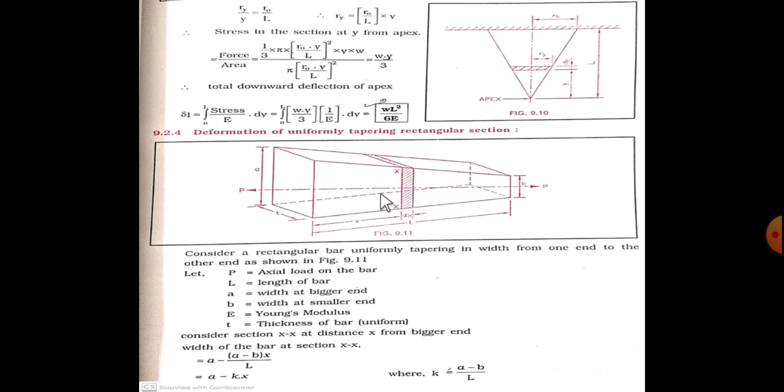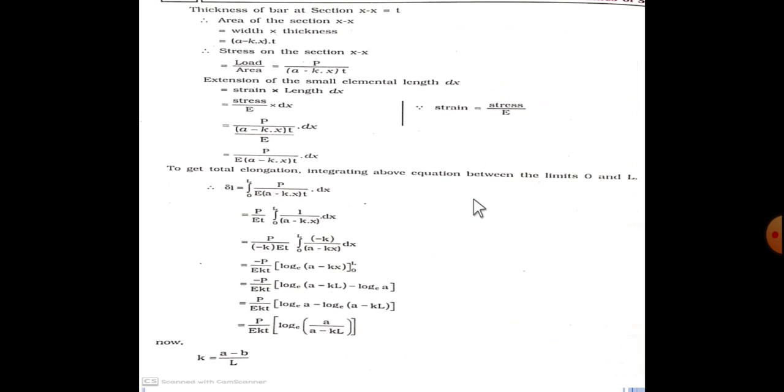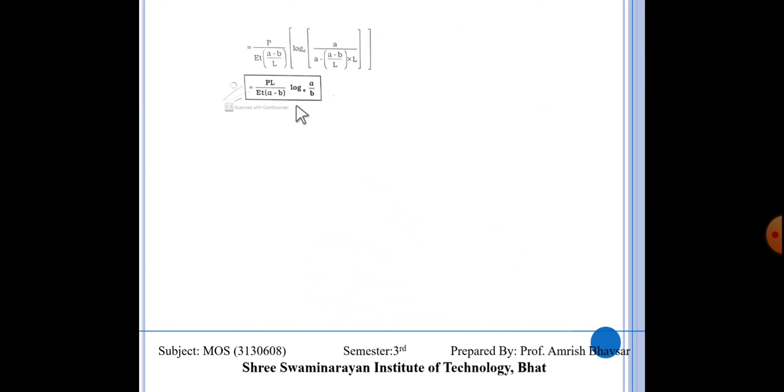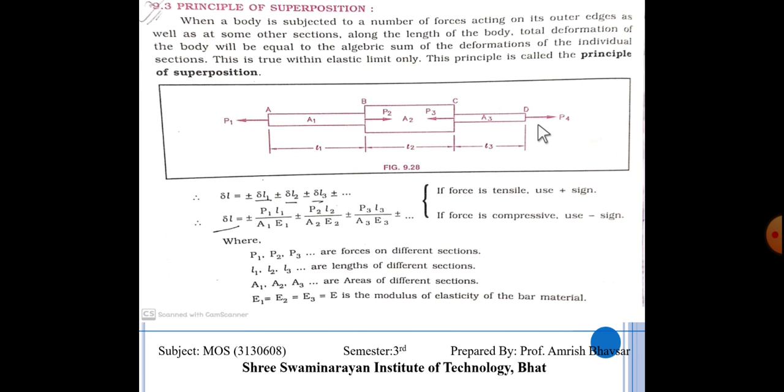Same way, for the trapezoidal bar having rectangular section, the equation for delta L is PL upon E t (a minus b) log a upon b. From this equation, we can calculate the deformation delta L for the non-prismatic section having rectangular shape.